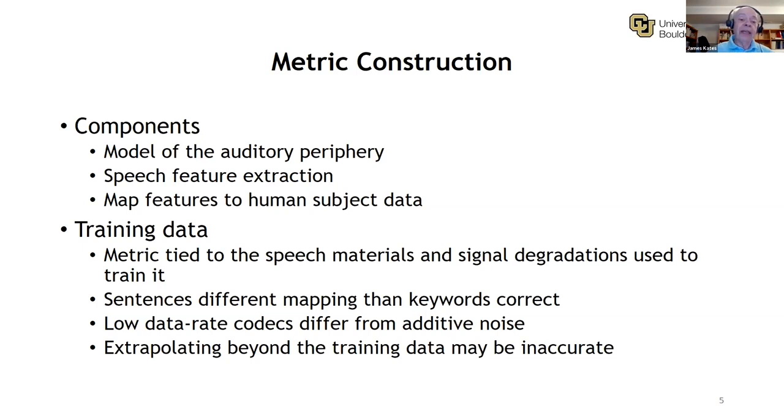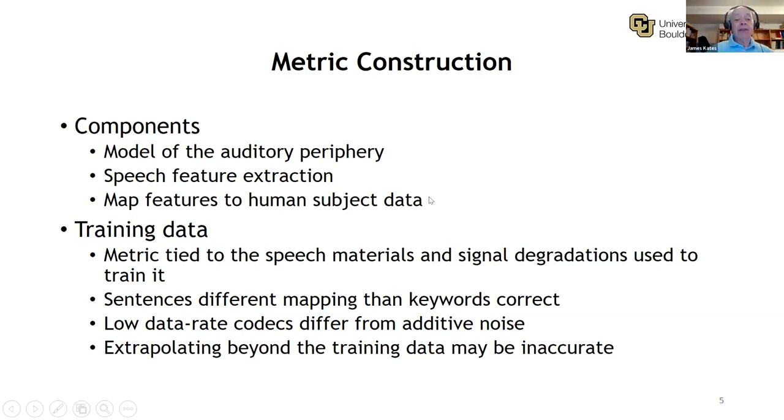So we initially have a model of the periphery, which is somehow trying to infer what's happening in the cortex. And then we're going to relate our model outputs to human subject data so that we can get a mapping that says these changes that we can measure in the signal correspond to these changes in intelligibility or quality.